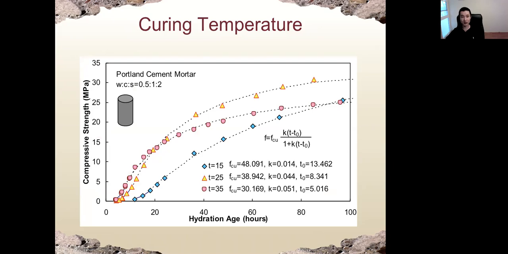Okay, so here shows how the curing temperature affects the strength of concrete. This is concrete cured at different temperatures, 15, 25, and 30 degrees Celsius. With increased temperature, the early strength will increase, but the later trend will go down. Concrete cured at lower temperature will catch up with the strength.